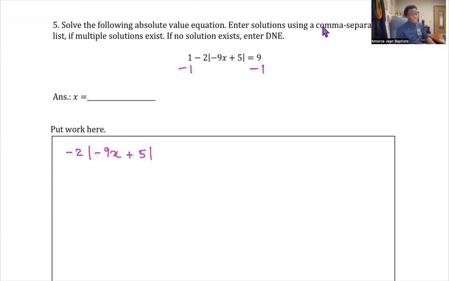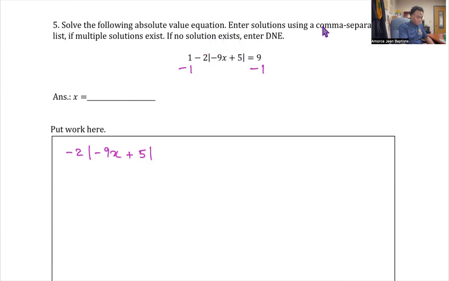And we're not allowed to distribute that 2 either, because we need to make sure that we isolate the absolute value just like we would isolate the x if we had an x over there. We need to make sure that this part is isolated correctly, just like you would take steps to get a z by itself.